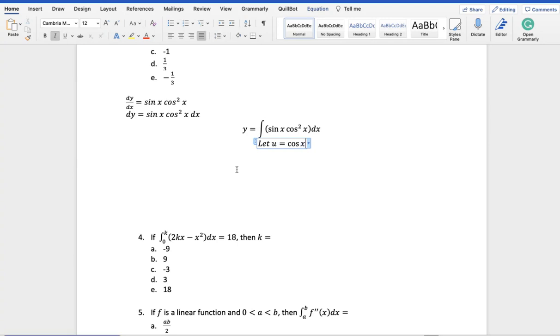If you let u equal cos of x, I want you guys to attempt solving this and tell me what you get. Then we can discuss. So I will give you guys 5 minutes. Using this u substitution, I want you guys to attempt to solve it and then tell me what you get.